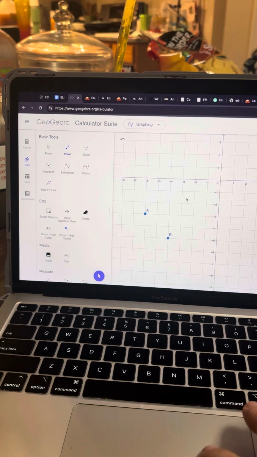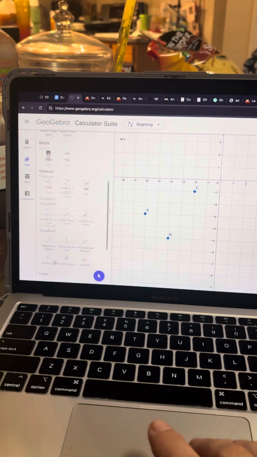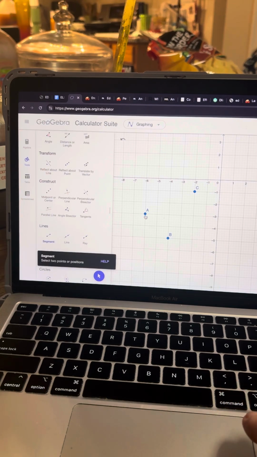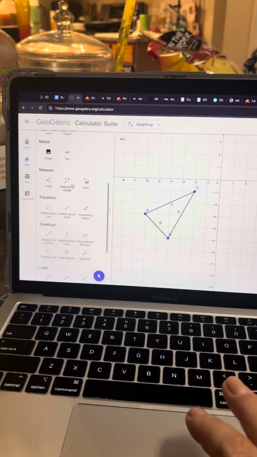And -2, -1. What type of triangle is this? Let's do segments. And then I'm going to measure them to find out what kind of triangle it is.